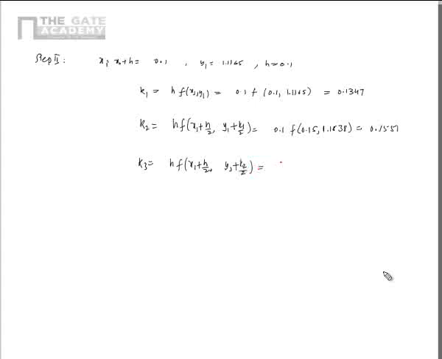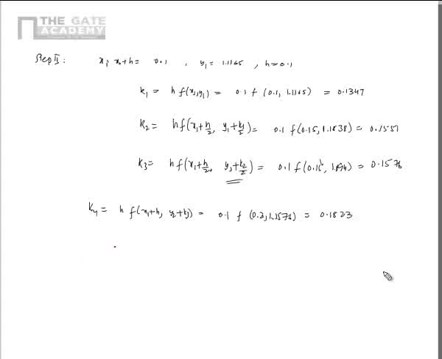This comes out to be 0.1 f of 0.15, 1.194, and when you evaluate this, the value comes out to 0.1576. So k4 is equal to h f of x1 plus h, y1 plus k3, which is 0.1 f of 0.2 comma 1.1576, so this value comes out to be 0.1823.